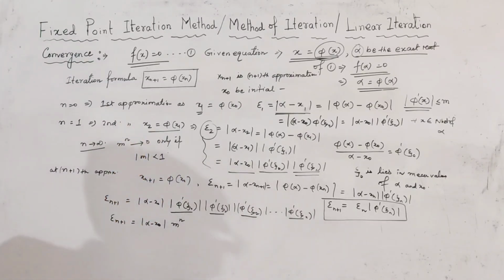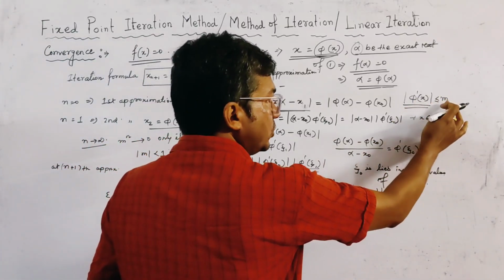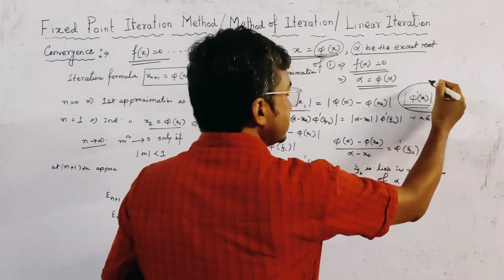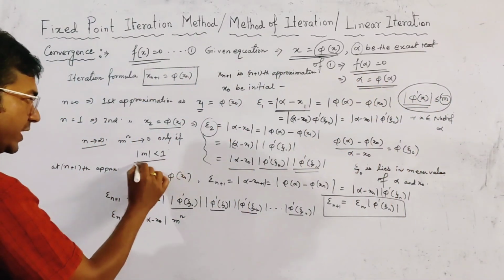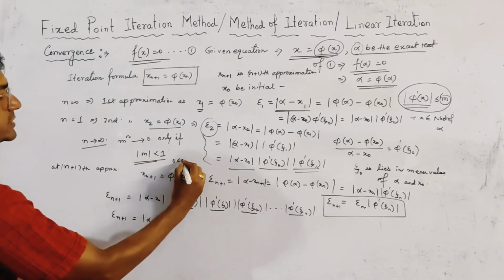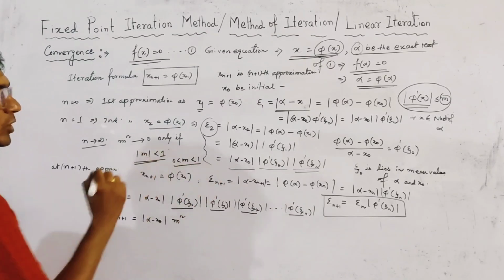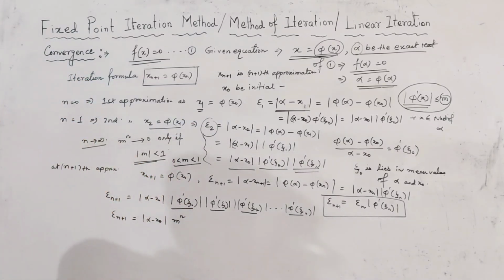We already assumed mod of phi dash x is less than or equal to m, so m must be positive. So the restriction on m is not mod m less than 1, but 0 less than m less than 1, because m is positive and there will be no negative value of m.